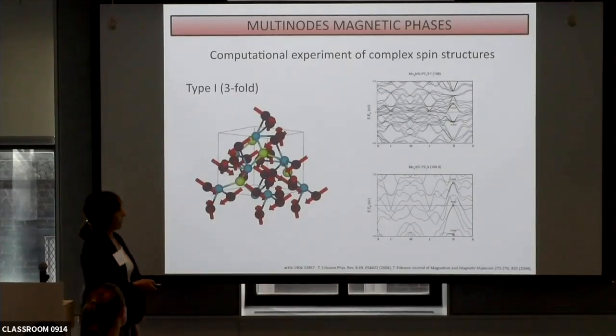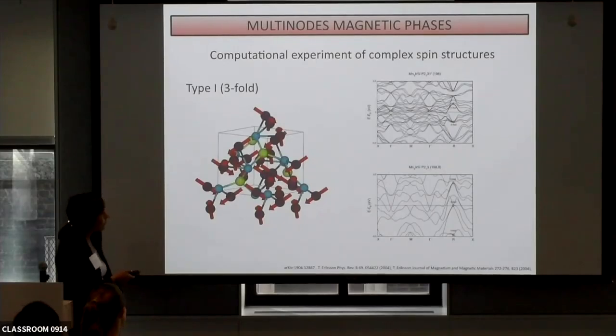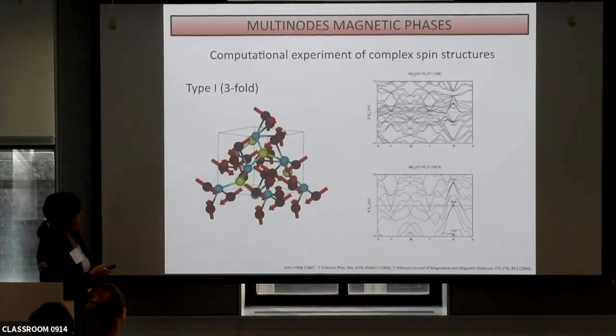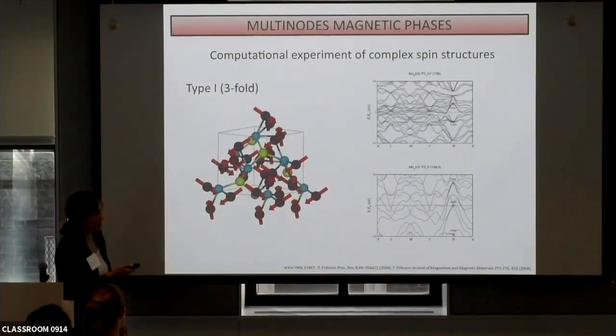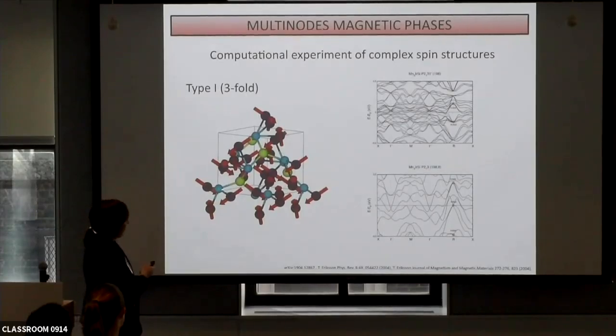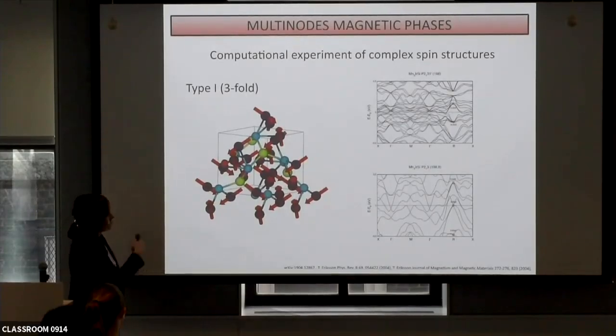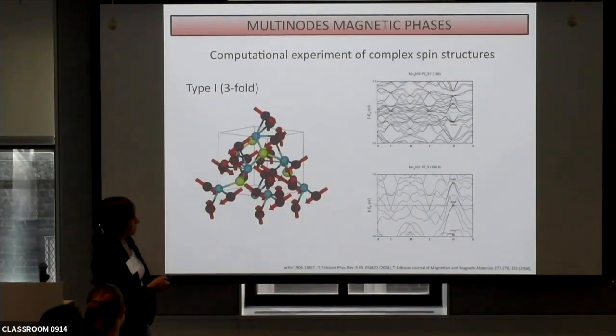When we let it magnetize in an antiferromagnetic phase, what we find is that the manganese forms triangular antiferromagnetic networks bound to the silicon, and all of them form an antiferromagnetic structure.